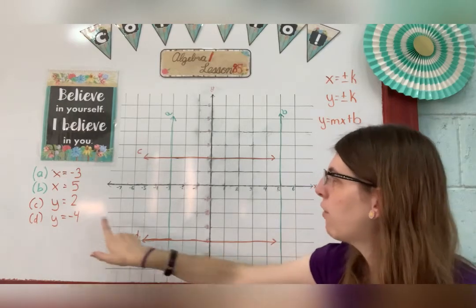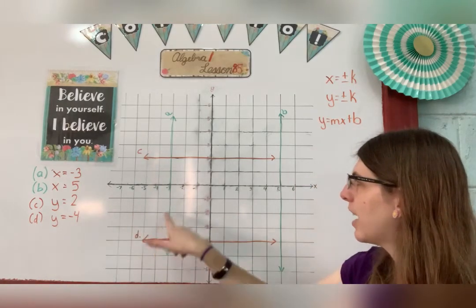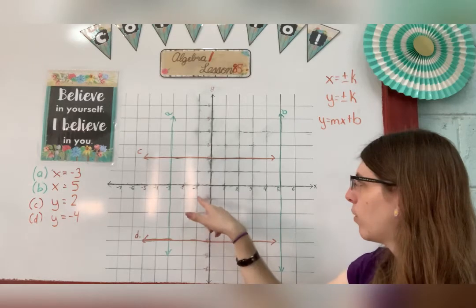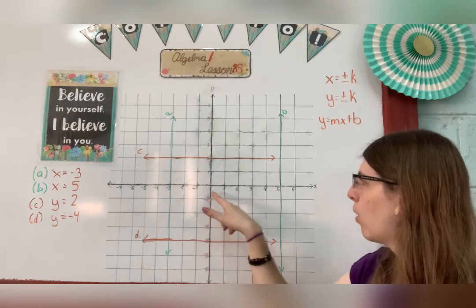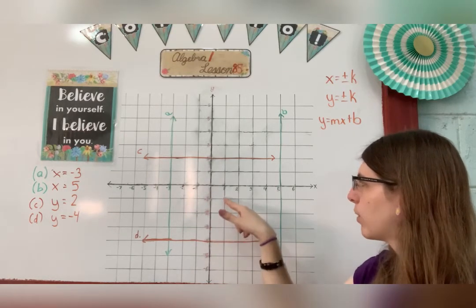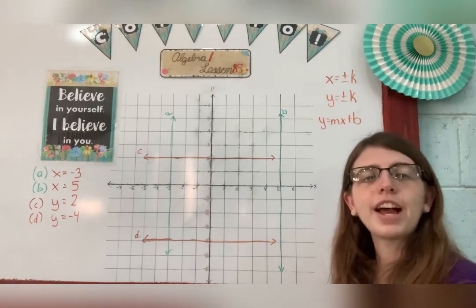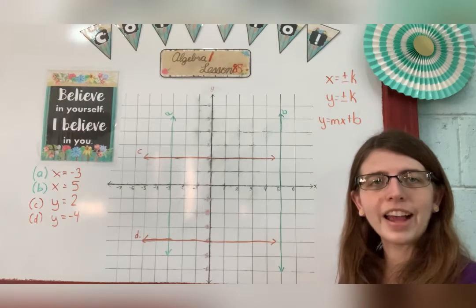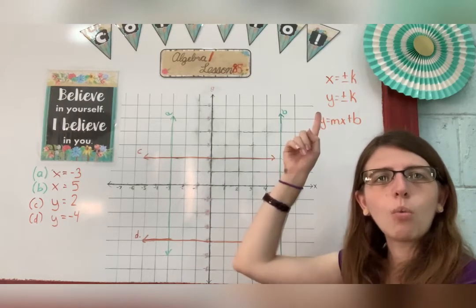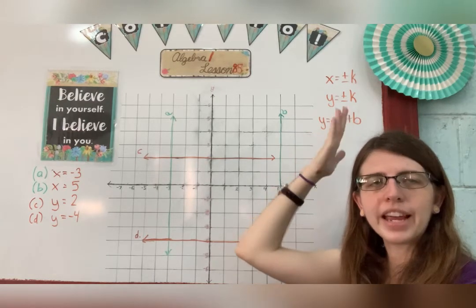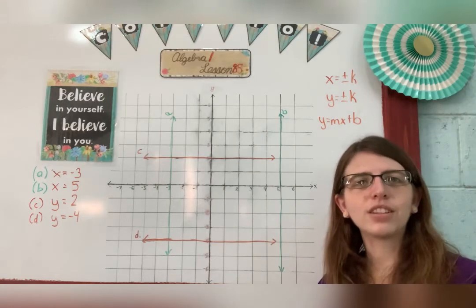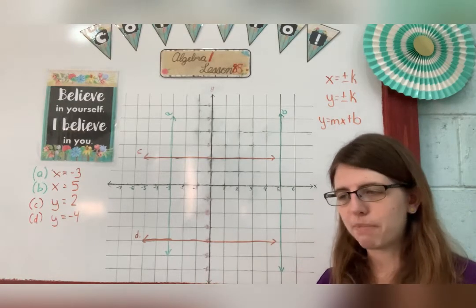Y equals negative 4, every point is 4 units below. 1, 2, 3, 4. So y equals negative 4. So that shows us that for a horizontal line, it always has this form. Y equals positive or negative k. So a horizontal line is just y equals something.